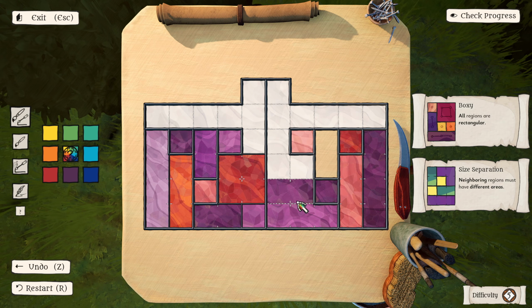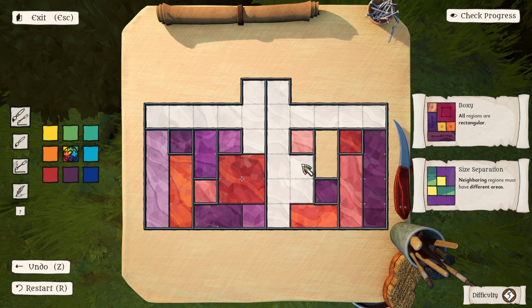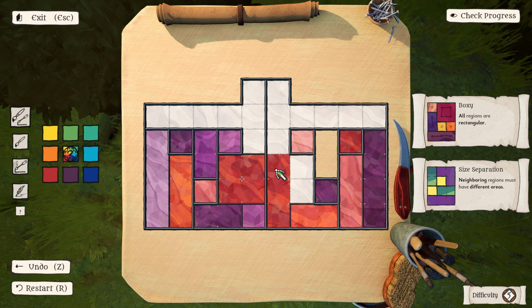Because if it's a 3, it matches that. It can't be a 1. Can be a 2. It must be a 2. This can't also be a 2. It can't also be a 4. This can't be a 1 or a 2.